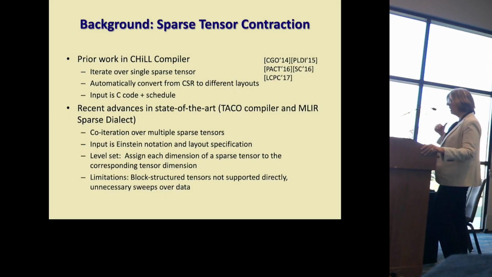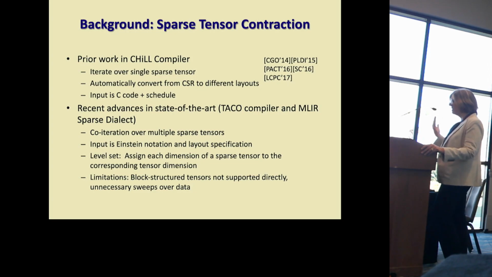So I'm going to talk about a particular paper for the most part in this talk, but I just want to give you some background. So in the Chill compiler, historically, particularly a previous student, Venkat, we published a bunch of papers where we were adding the sparse polyhedral framework to an existing polyhedral compiler.